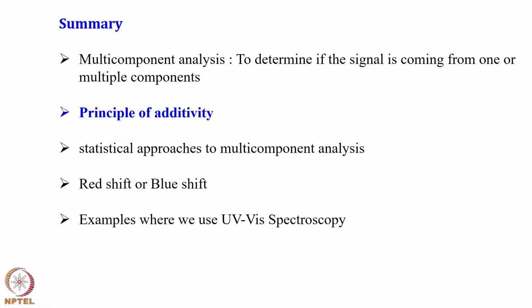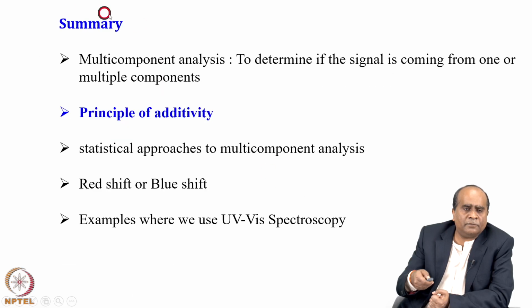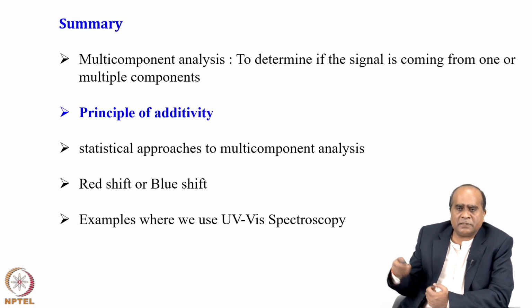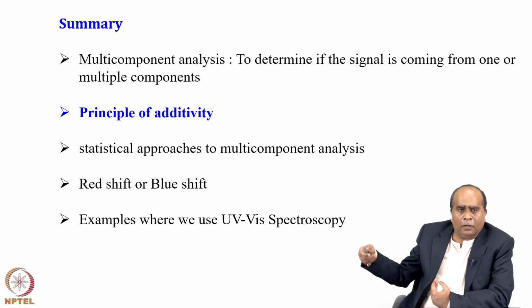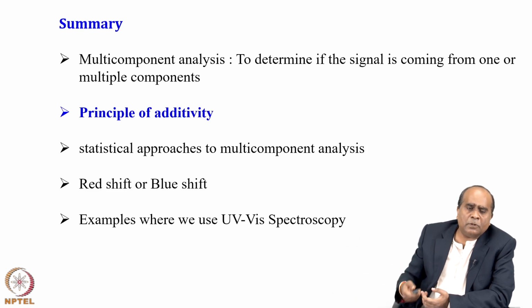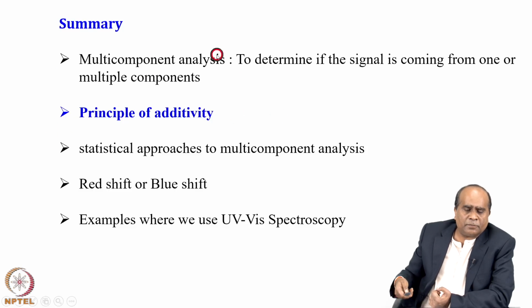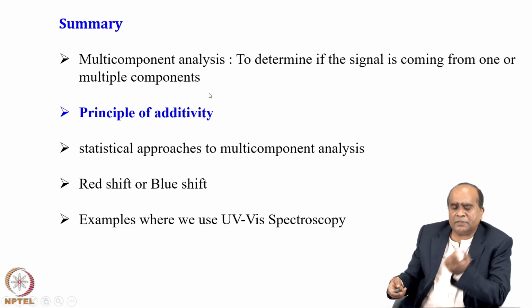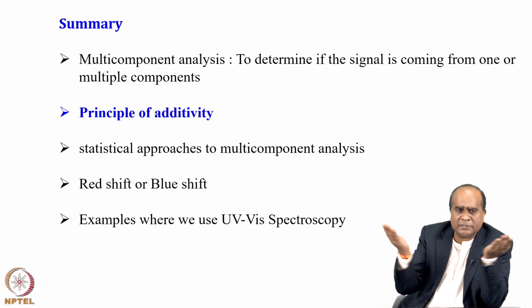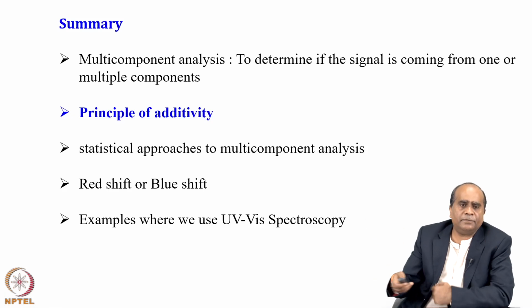To sum up what we discussed till now, we discussed multiple component analysis. This essentially is used to determine whether the signal is coming from one or two components, and if it is from two, how much contribution is coming from each of these. We can find it out by the principle of additivity, because that says that both these contributions are just additive.